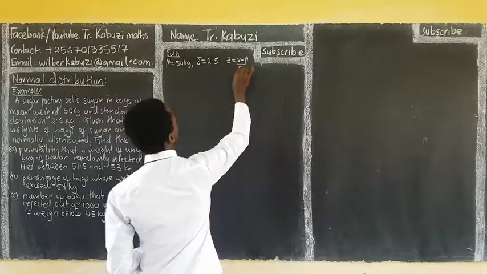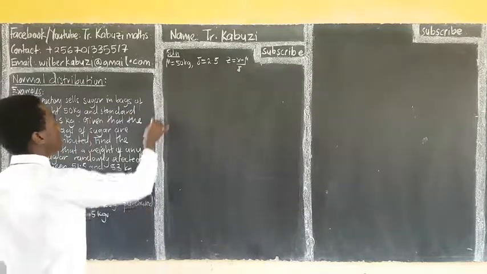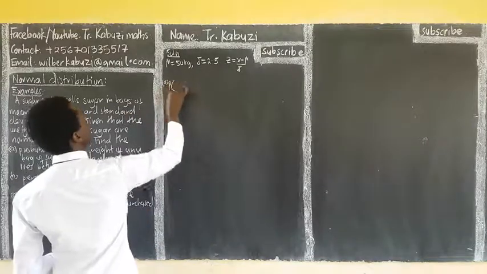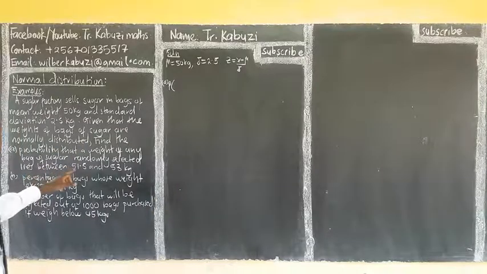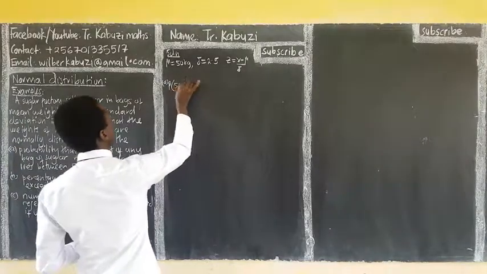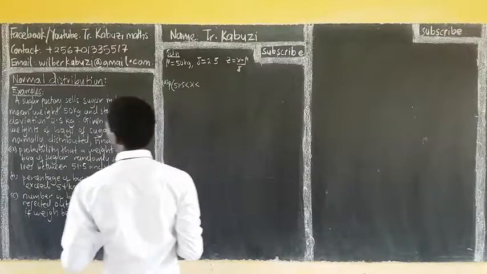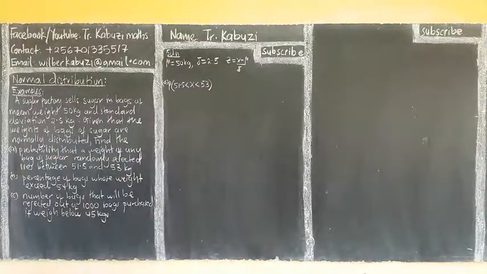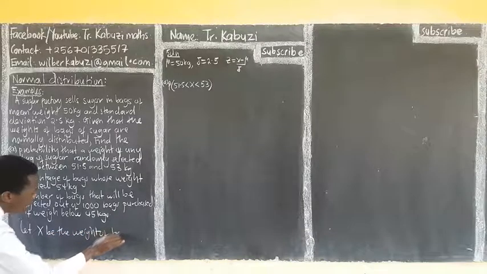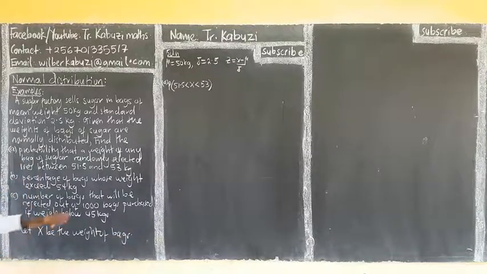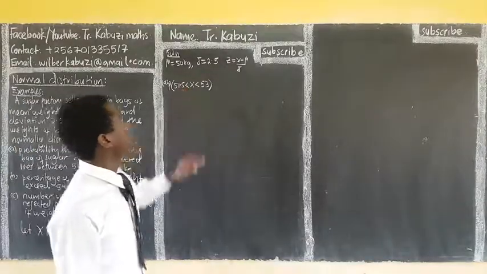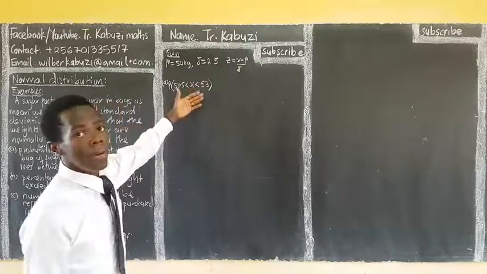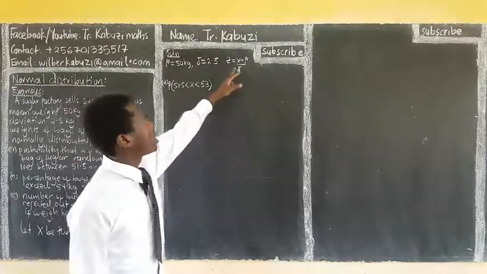First step: the probability that the weight is between 51.5 and 53. Let X be the weight of bags. These X values are normal, so we convert them to standard normal using this formula.